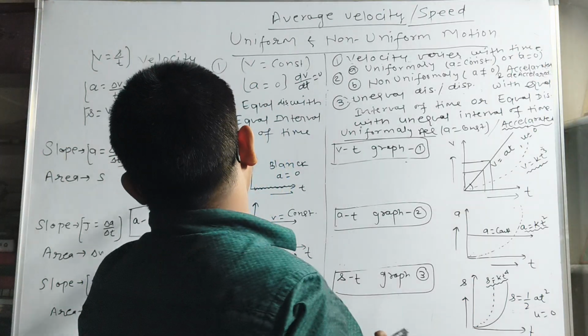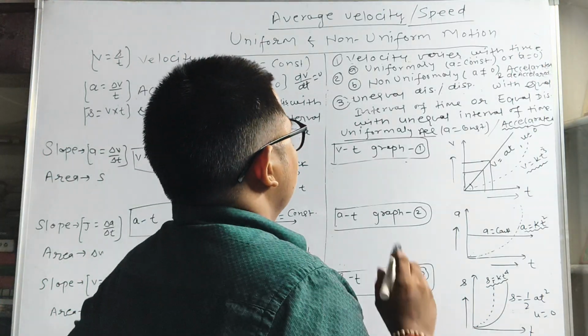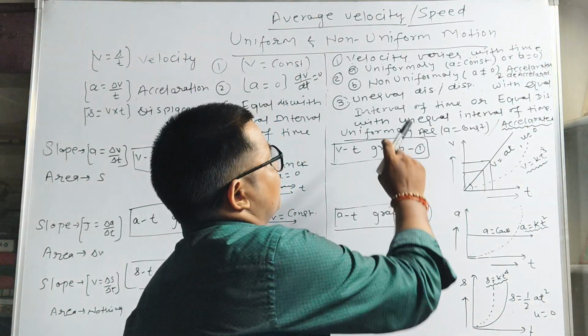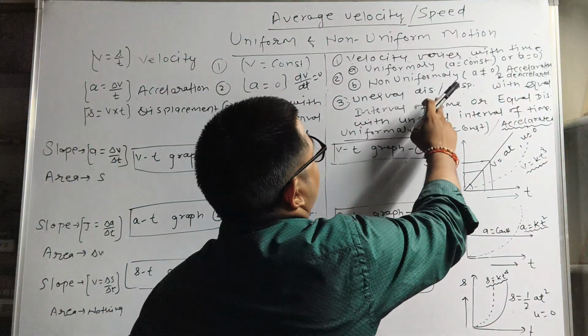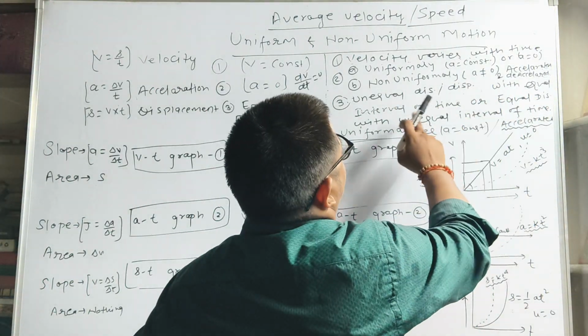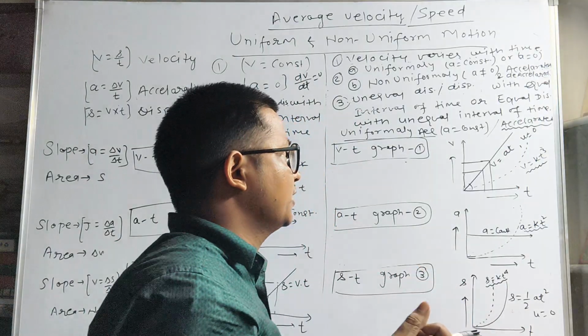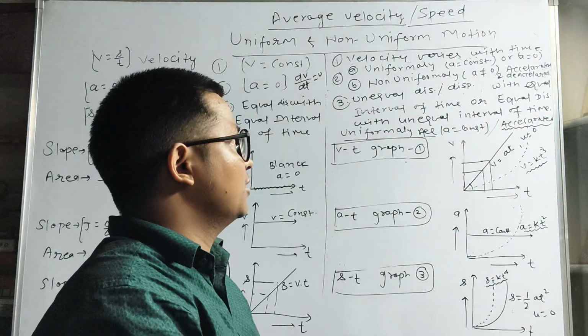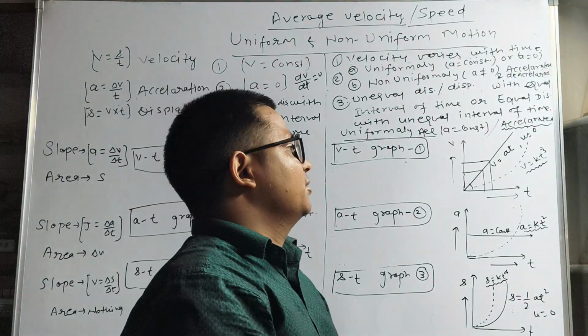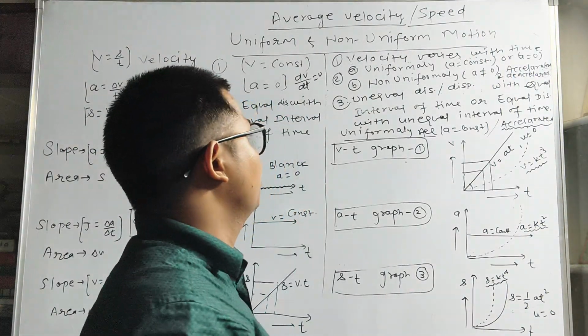So in terms of displacement, we can define it as a motion in which an object covers unequal distance or displacement in equal intervals of time, or we can also say the object covers equal displacement in unequal intervals of time. This type of motion is called non-uniform motion.